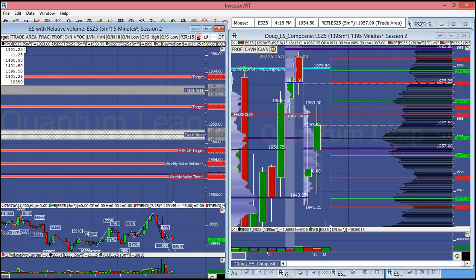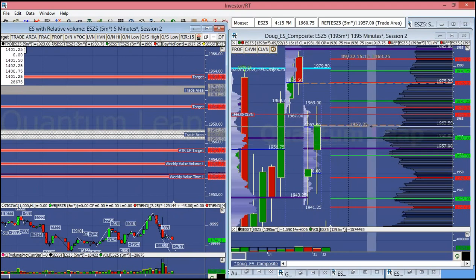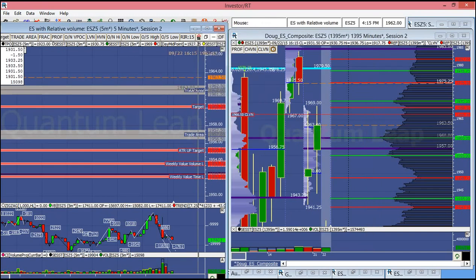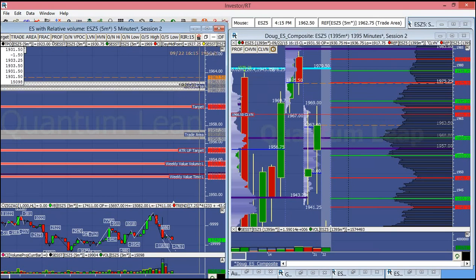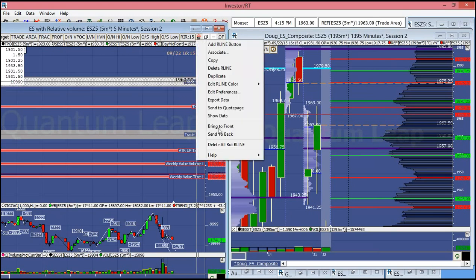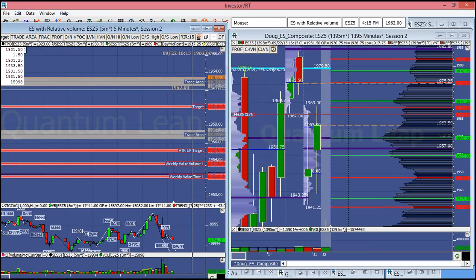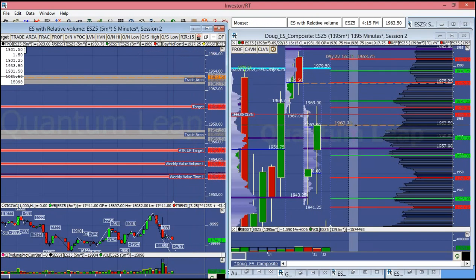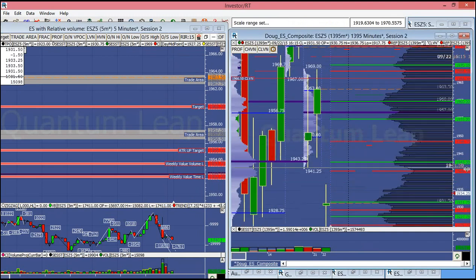And then above that, you've got the 62, and that's been shifted now to 63.25. And you've got 63.25, and then just above it, you've got 63.50, which is the naked close from Monday.